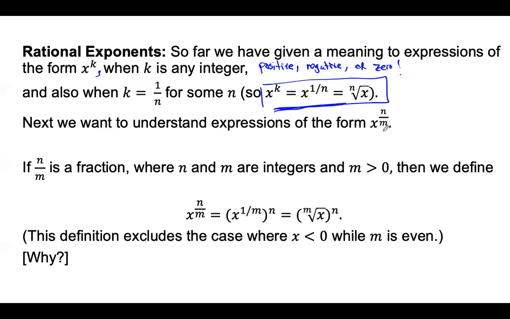So next we want to understand this form, x to the power m over n. It's difficult to see, but if m and n are integers, and n is greater than 0, we can define it in this way.